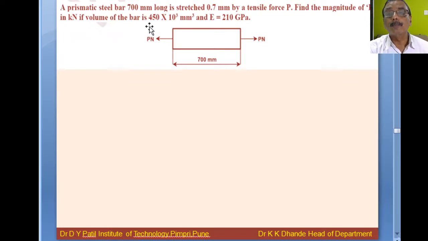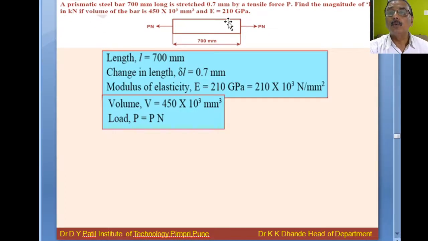Volume of the bar is given as 450 into 10 raised to 3 mm cube and modulus of elasticity is 210 gigapascal. Given data: length L is equal to 700 mm, change in length delta L is equal to 0.7 mm, modulus of elasticity 210 gigapascal, converted into Newton per mm square by multiplying by 10 raised to 3, so 210 into 10 raised to 3 Newton per mm square.